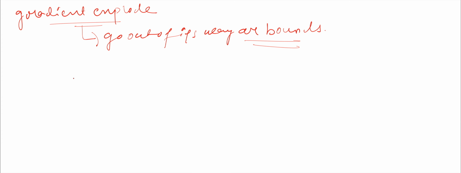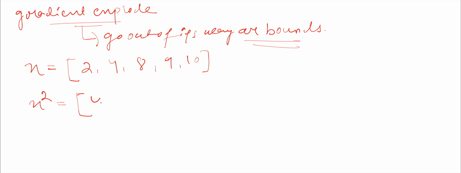Now, what is this? Suppose we have a data set, let's say 2, 4, 8, 9, 10, and we are making it x square.